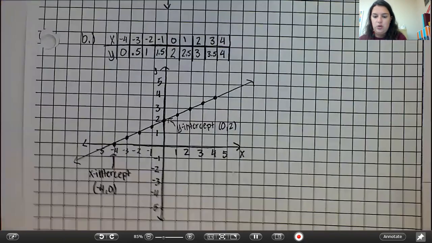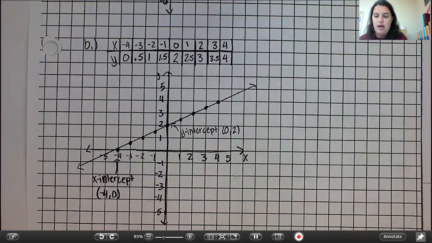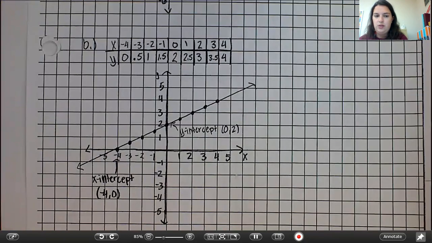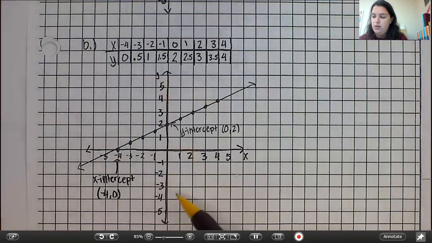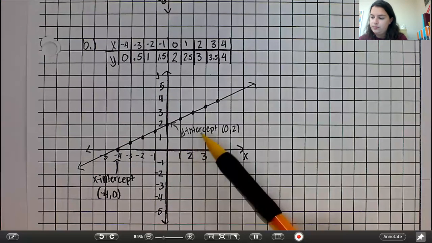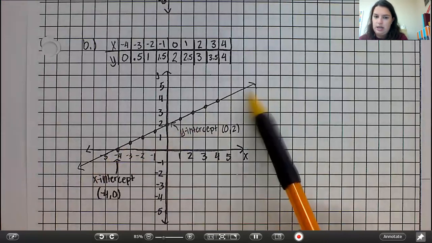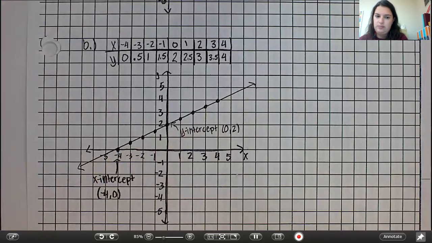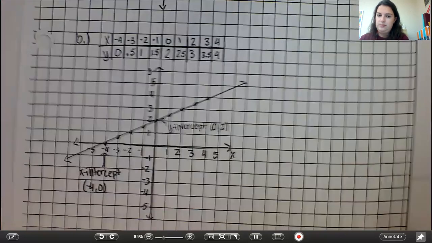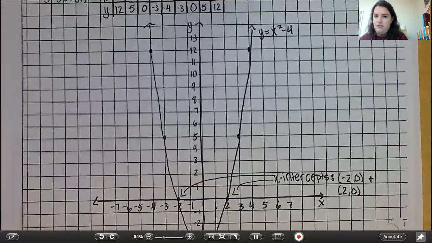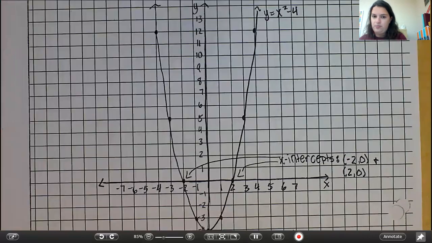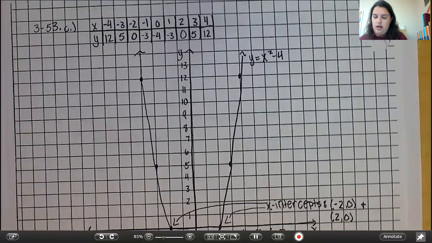Part B, you had y equals half x plus 2. So again, if you made a table, okay, we scaled by ones again here, and our points are connected, and we have arrows at the end of our lines. Finally, C, we have our table at the top.